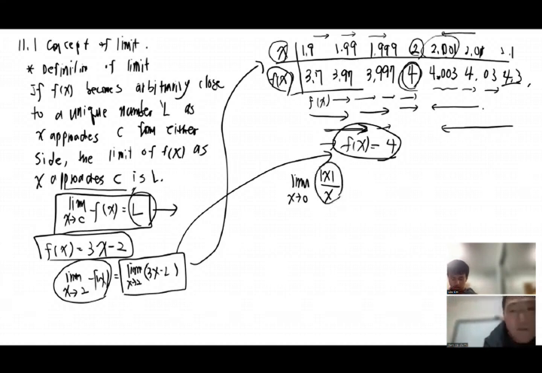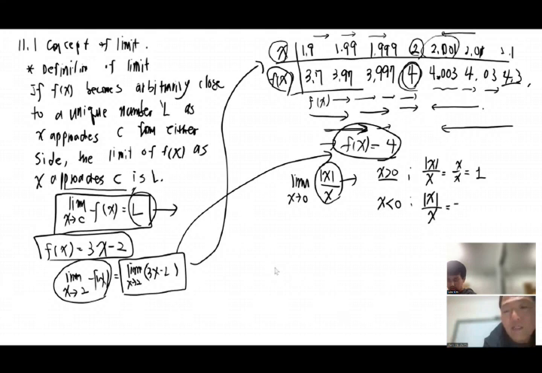If you plot this, there are 2 different numbers possibly existing. If x is a positive number, then absolute value of x over x equals x over x, which is 1. But if x is smaller than 0, a negative value, then absolute value of x over x becomes minus x over x, so that is minus 1.